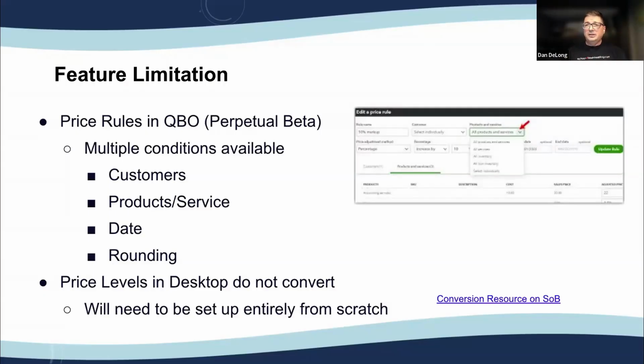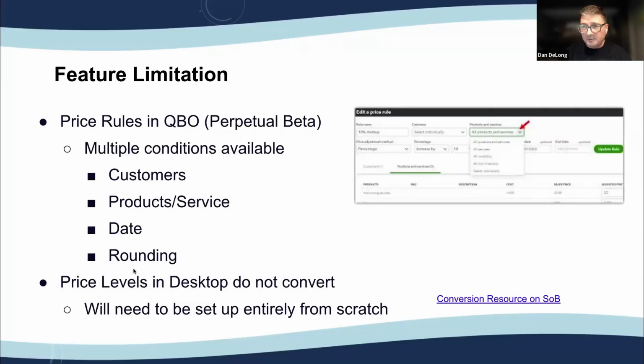You can set up a price rule based on a certain customer or type of customer, certain products, add the additional condition of a date, and then you have various rounding rules. So if you want your Walmart pricing always to end in 94 cents or whatever it is that you want it to do, you do have those options.